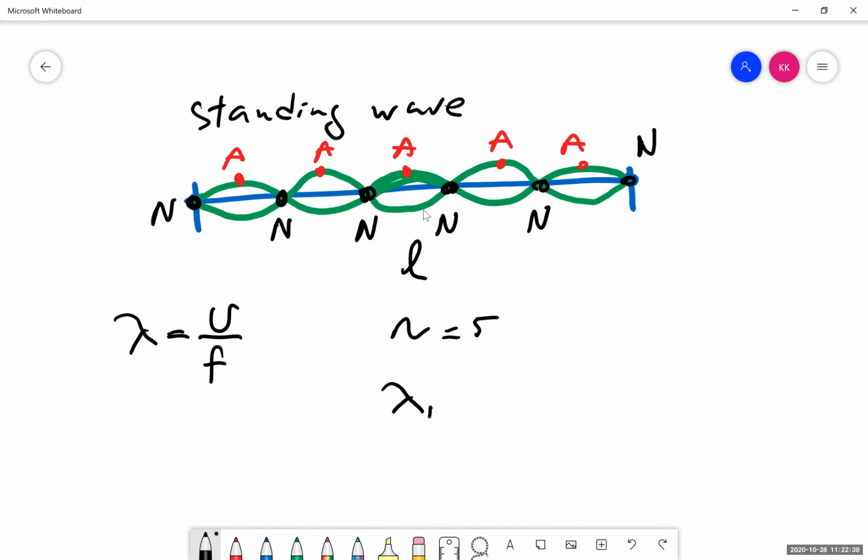So wavelength as a function of the mode number equals 2L over n. In this particular drawing, since n equals 5, the wavelength will be 2/5 times L. If the length is 1 meter, I'm just taking 2/5 times 1 meter. That's basically the length of one wave.